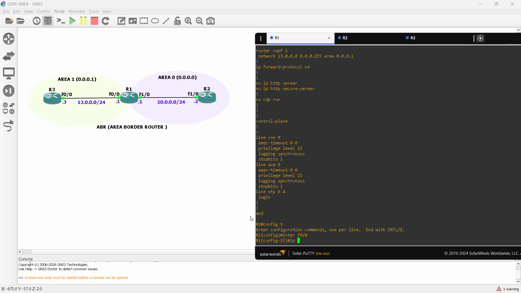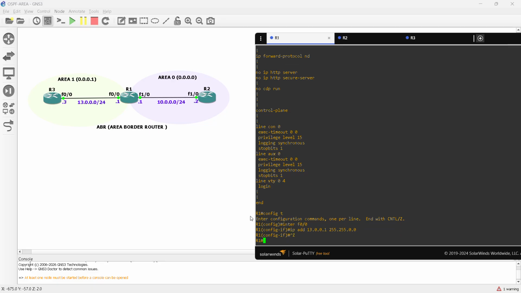Then I'll give the IP address 13.0.0.1. Then the subnet mask, initially it was 255.255.255.0, but here I'm making it 255.255.0.0.